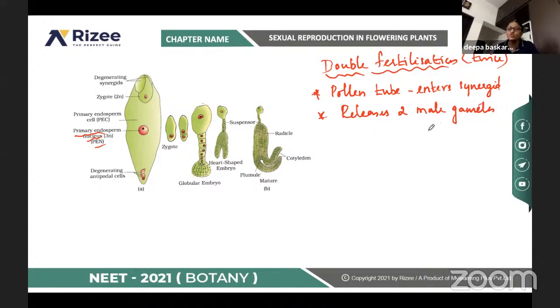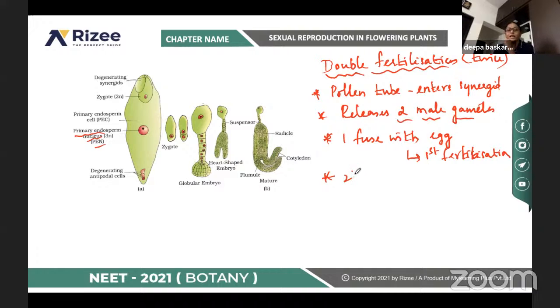Of these two male gametes, one fuses with the egg. You can consider this as the first fertilization. Clear? And again, we have the remaining one male gamete.